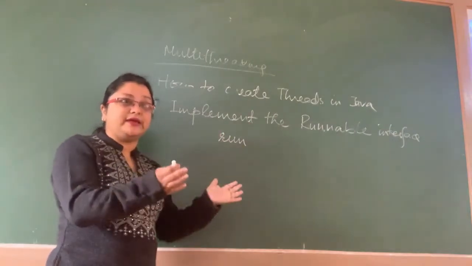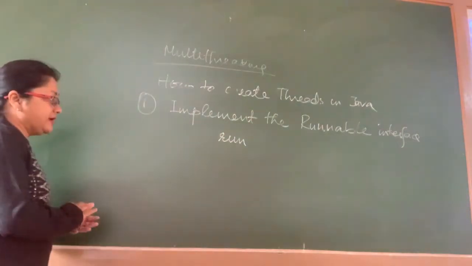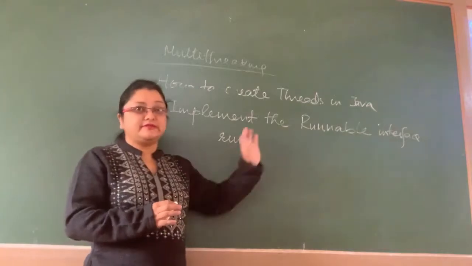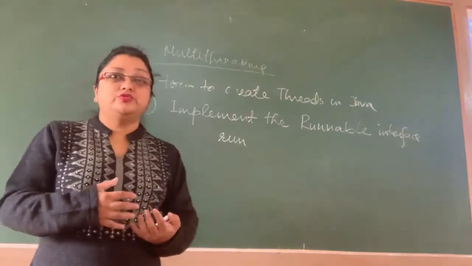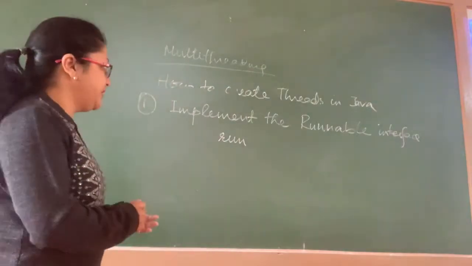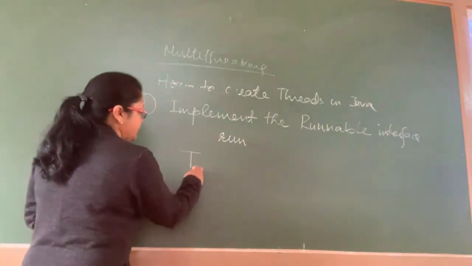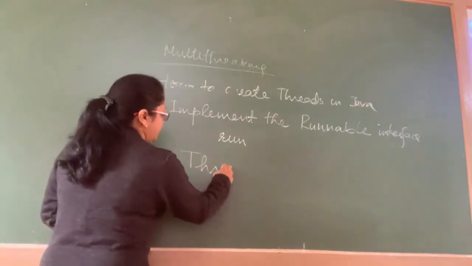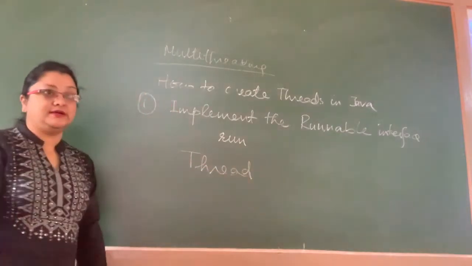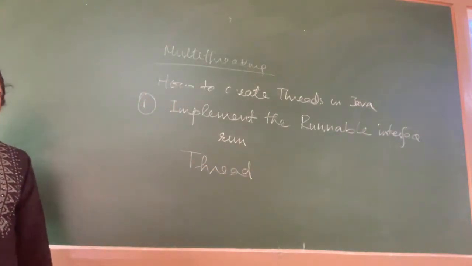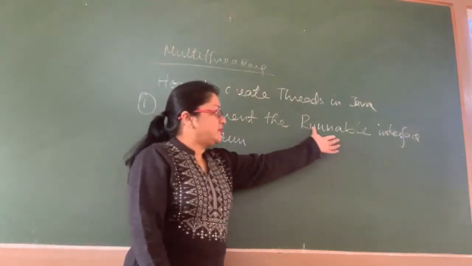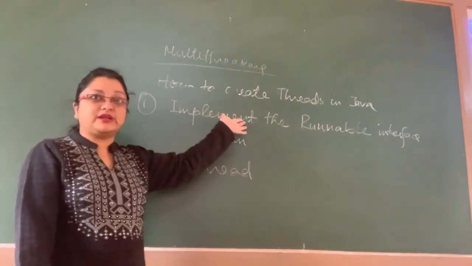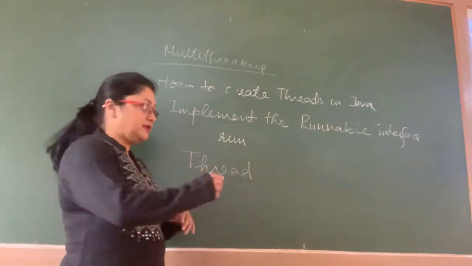Now we are not creating threads, we are simply making a class implement this interface. In order to implement multi-threading, you have to use the built-in Thread class. So what happens to the class which implements Runnable?